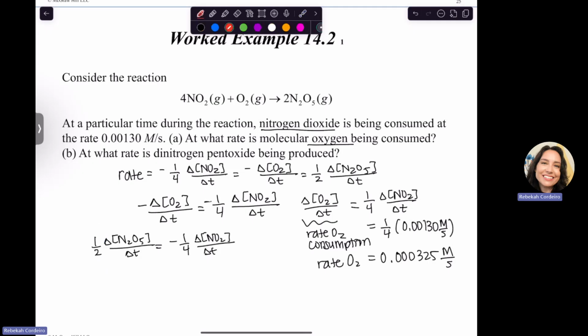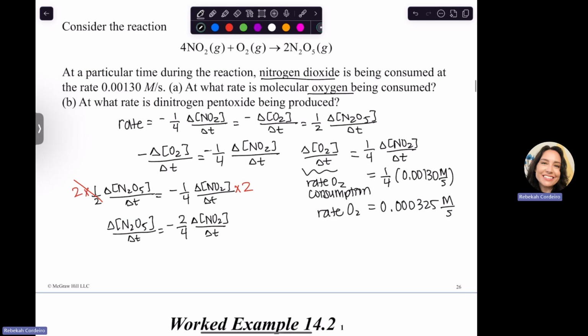How can I get rid of the 1/2? Multiply both sides by 2. So that would give me the rate of production is equal to negative 2 over 4 of the change in nitrogen dioxide over the change in time.